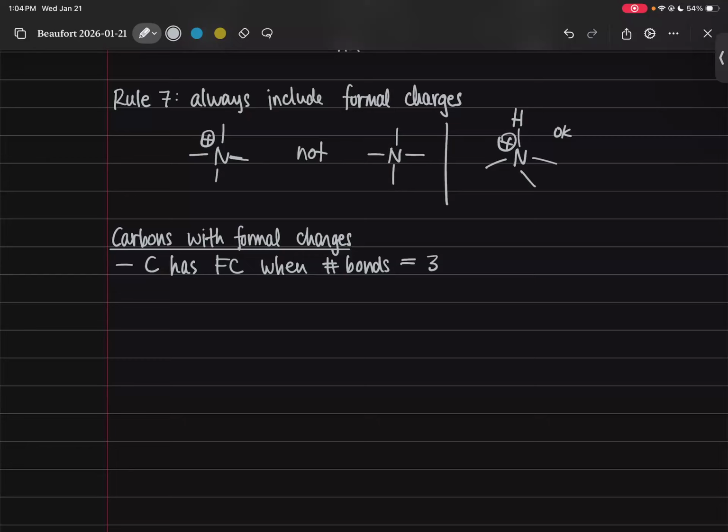And so this is another reason why you always have to include formal charges, because otherwise you're not going to know how many hydrogens are on that carbon. So if we have 3 bonds with a lone pair, that's a negative formal charge. Three bonds without a lone pair is a positive charge.